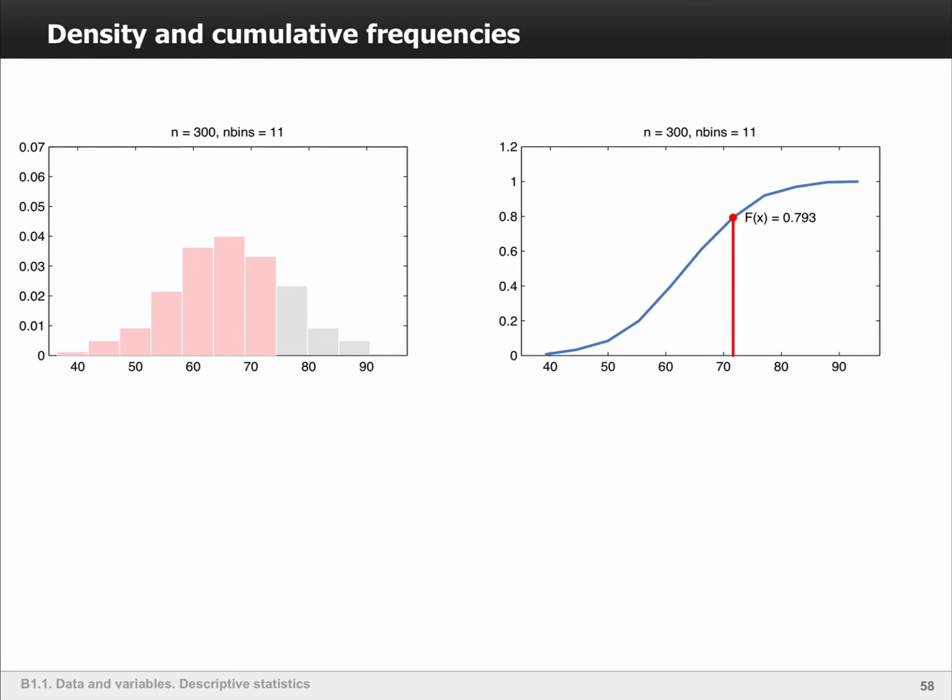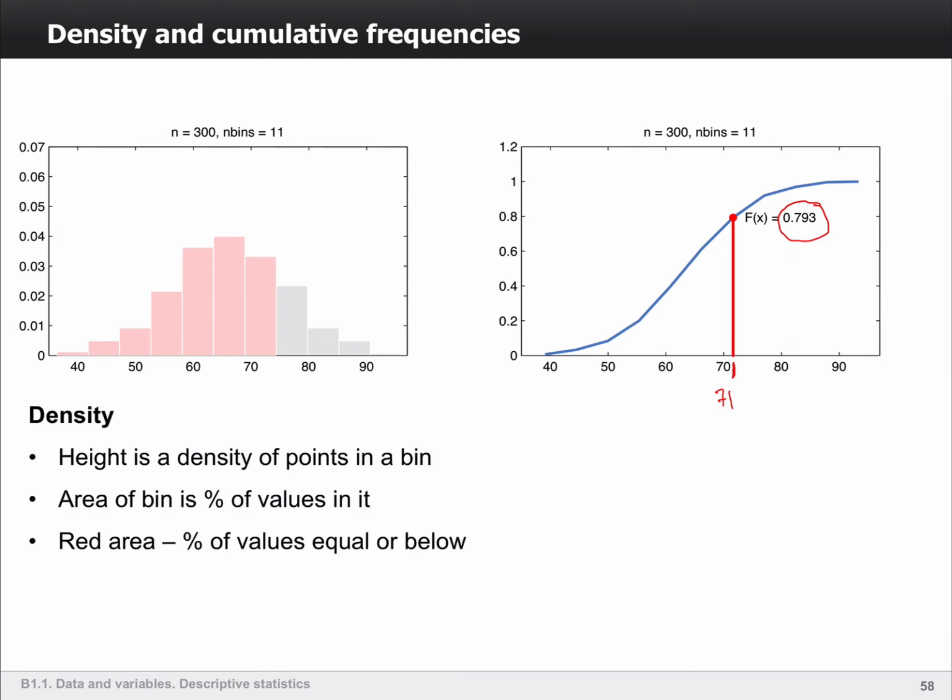If you compare the density distribution with cumulative frequencies, you remember that cumulative frequency, for example, if we take this point, tells you how many values in percent you have below the given one. Okay, so in this case, let's say it's 71, and that's the cumulative frequency for 71.